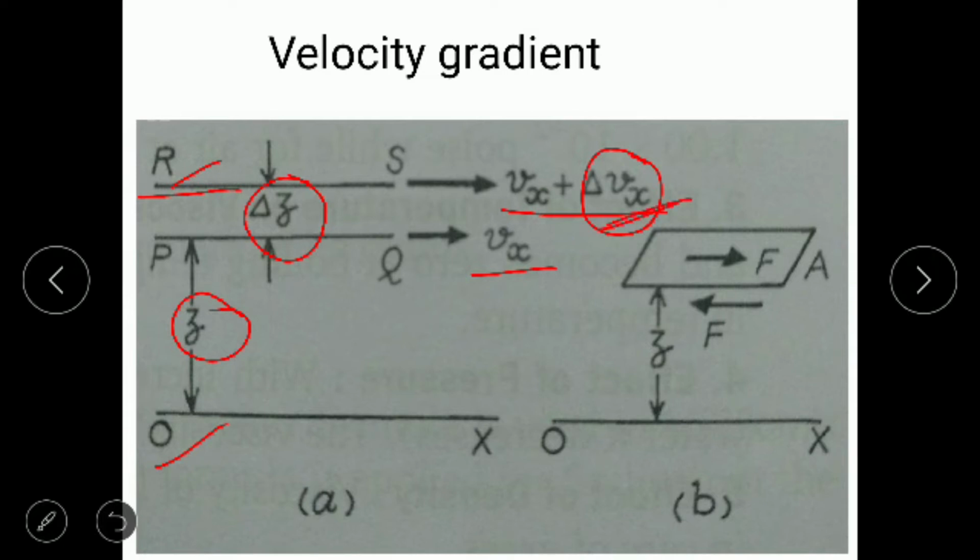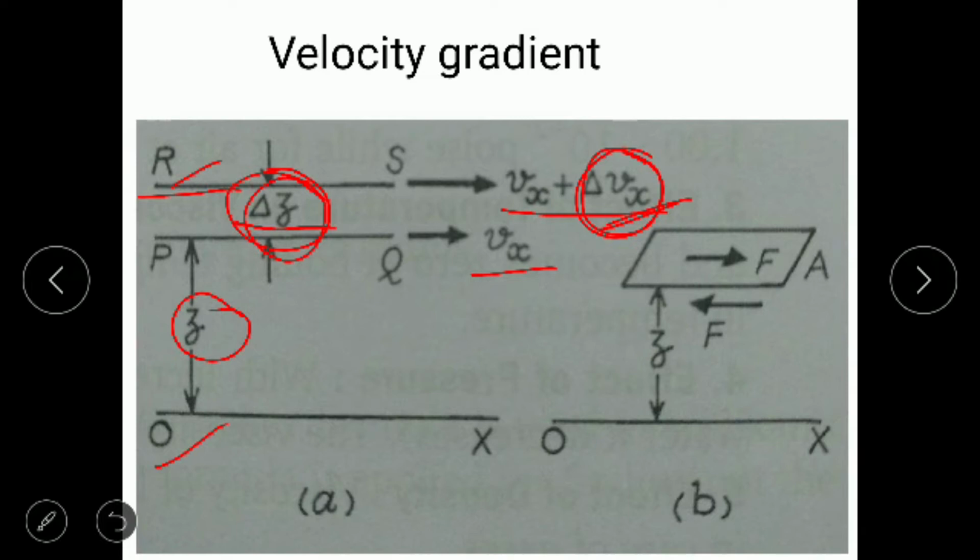Now, thus the change in velocity over a perpendicular distance del Z: in the del Z amount of distance, del Vx amount of velocity is increasing. So there is a change of velocity with perpendicular distance in the flow of liquid.